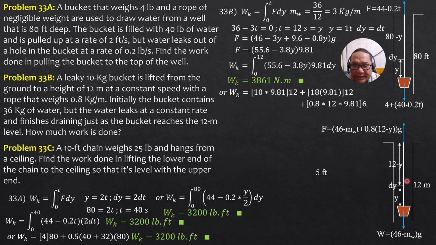The weight of the rope acts at the center of gravity of the rope, which is at the center point, so the distance will just be half of 12, which is 6.